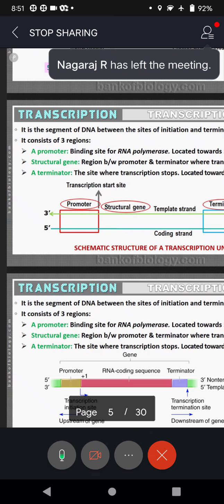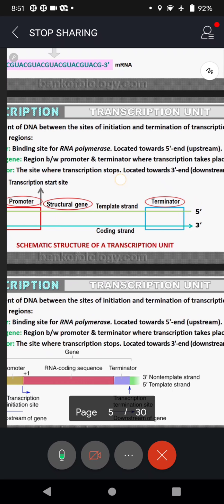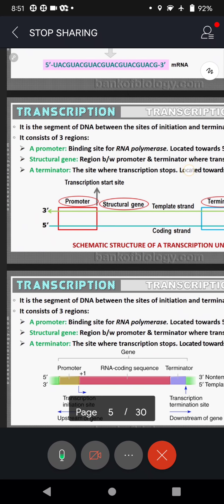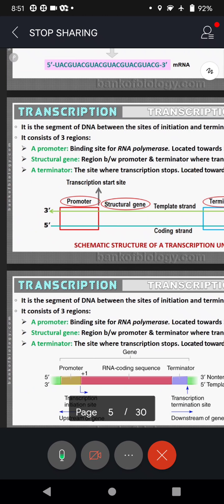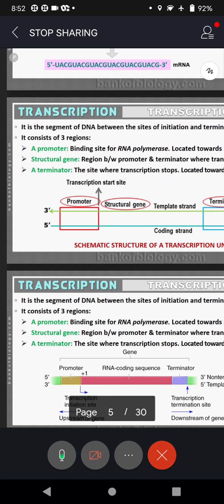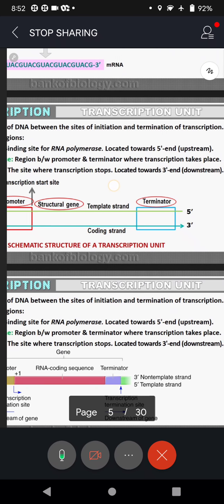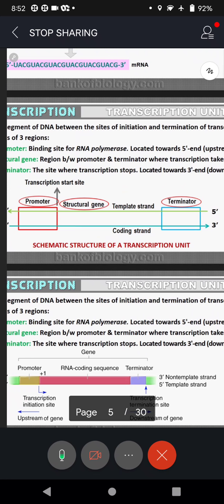It's the enzyme that helps in formation of RNA, and it is located towards 5' upstream. Look at that. Now you must focus on the coding strand. The promoter region is with the 5'. And the structural gene is the region between promoter and terminator, where transcription takes place. See the structural gene.